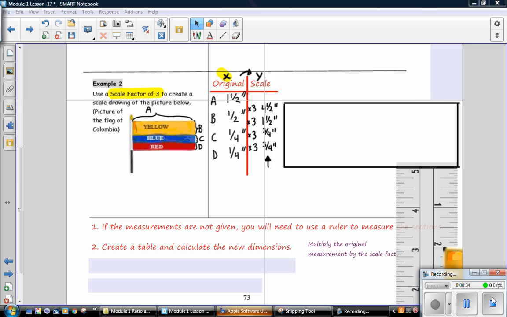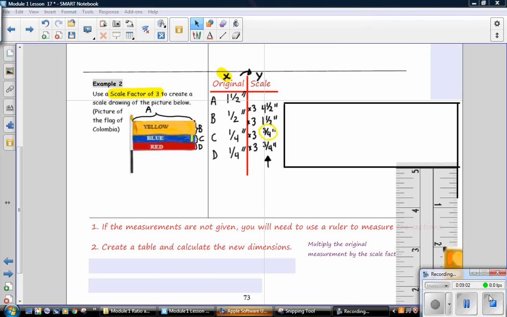So I'll take that and measure the same length for the other side. Then I need to measure down 3/4 inches down. So I'm measuring the section right here for part C, and that is going to be 3/4 of an inch down. So I'm going to take my ruler and measure the 3/4 of an inch, and that is going to go from here. That's a 1/2 inch. That is 3/4 of an inch.